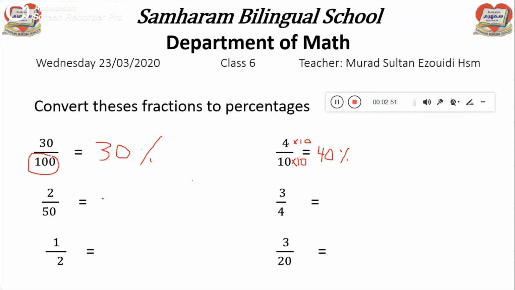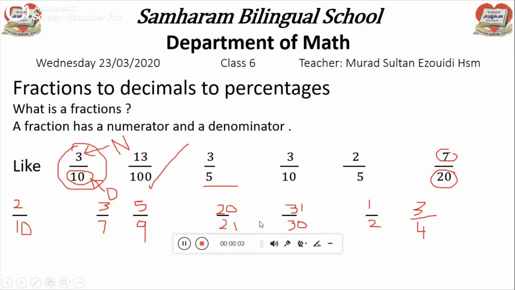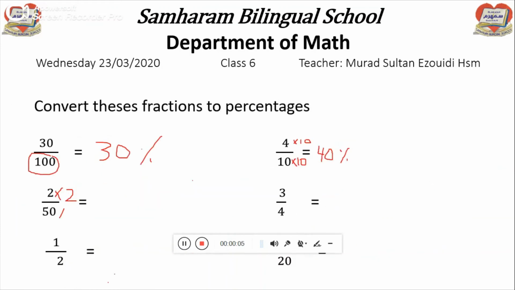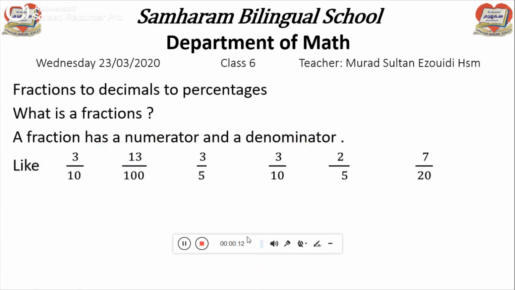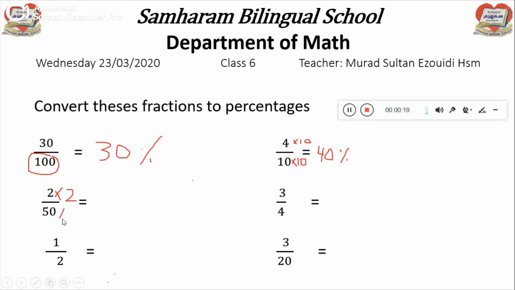Okay, the next one, I will try to multiply by what? By 2, and here also. We continue. We said that in order to change these fractions to decimals, we should multiply the denominator by a number so that it will be equal to 100.